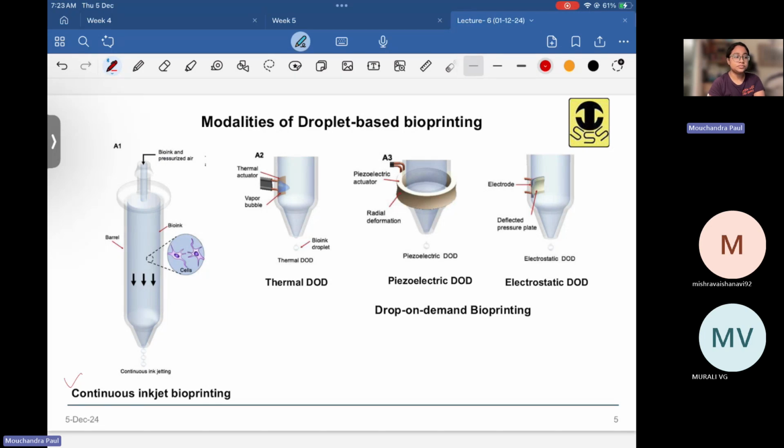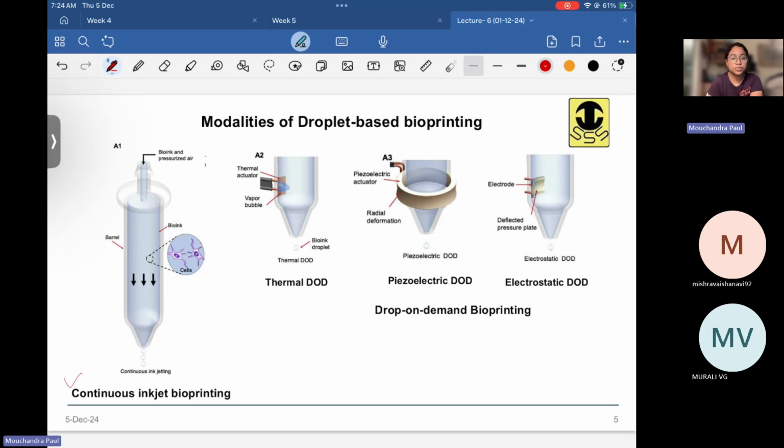All right. So one disadvantage of this technique would be the shear stress that the cell-loaded droplets can experience when they are coming out from the nozzle, right? That's the one disadvantage. So in continuous inkjet, what is happening? There is a continuous pressure being applied on the fluid chamber, because of which drops are coming out continuously in a stream.